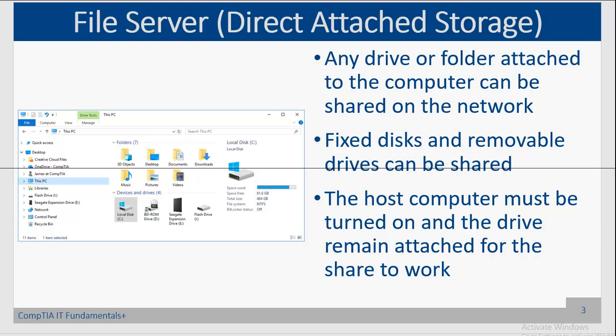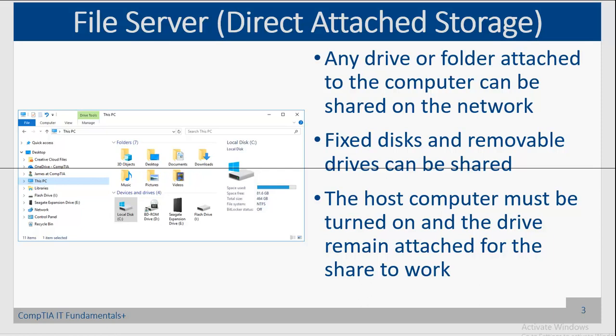You could share an entire drive or a folder of folders that are attached to the computer on a shared network. You can have an internal drive with storage and share the contents of either that drive or folders. Fixed disks and removable drives can also be shared.